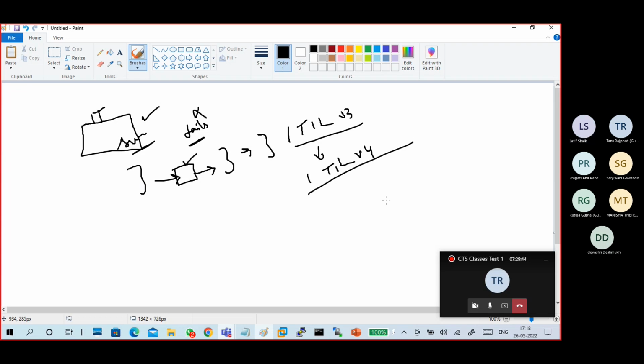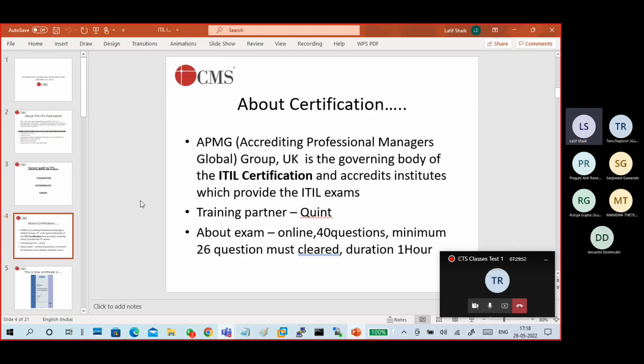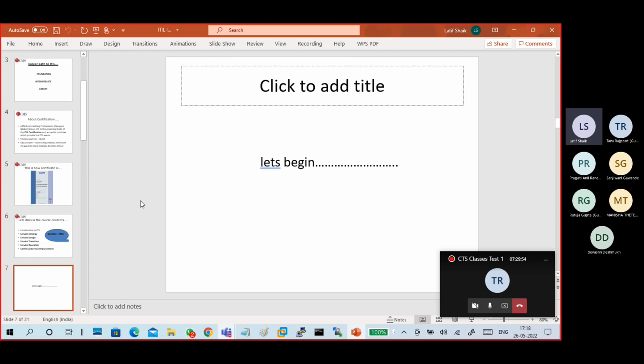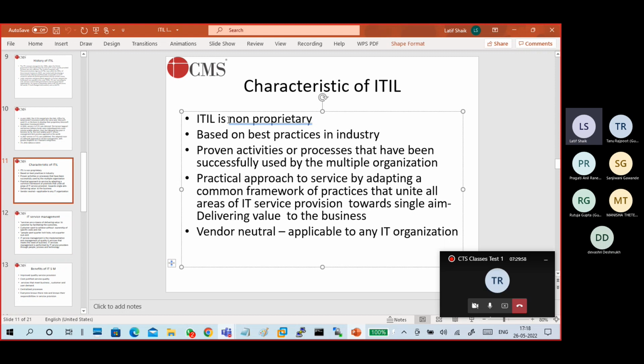Okay. So here it is. To use ITIL, you need not pay anything to anyone. It is non-proprietary. ITIL is a non-proprietary best practice in industry.